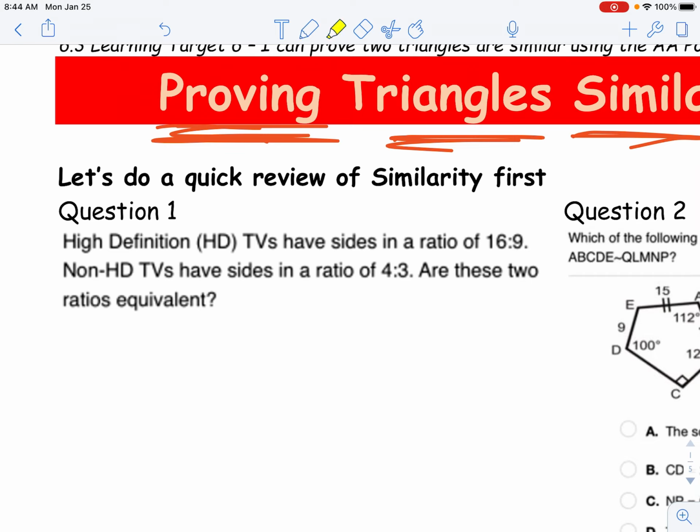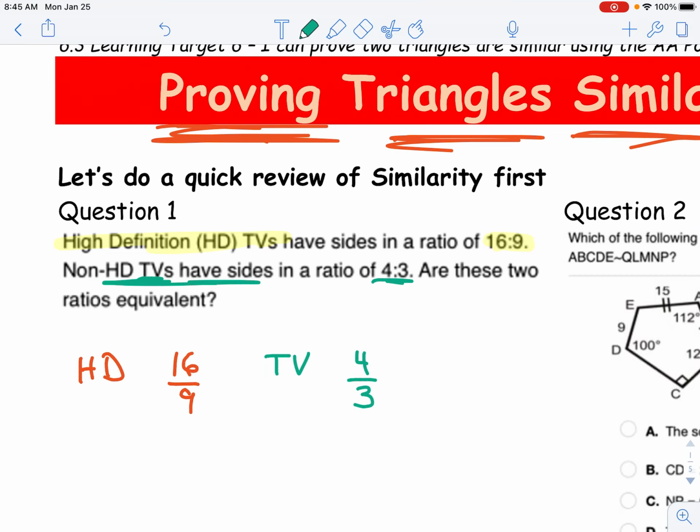Question one, a high definition TV, an HD TV, has side ratio 16:9. So I just converted it to a fraction. The non-HD TV, we'll just call that TV, has a ratio of 4:3. Are these two ratios equivalent?